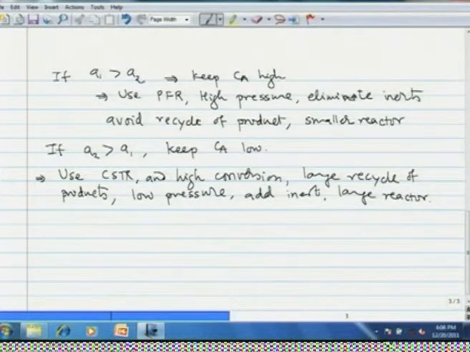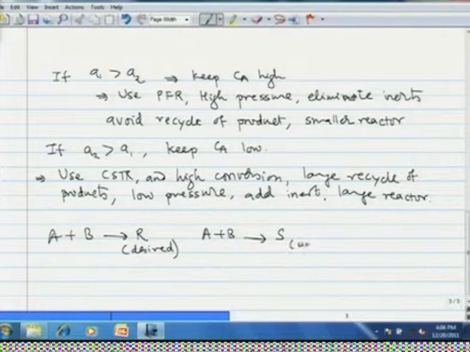Suppose you have several reactants, like we have a reaction A plus B goes to R, and we have a reaction A plus B goes to S. Again, R is the desired product and S is the undesired or waste product.